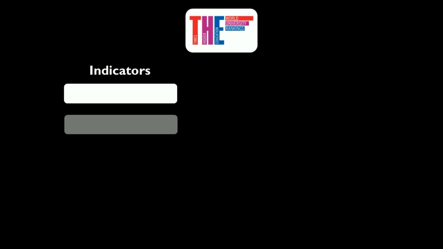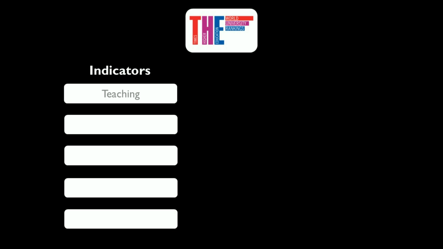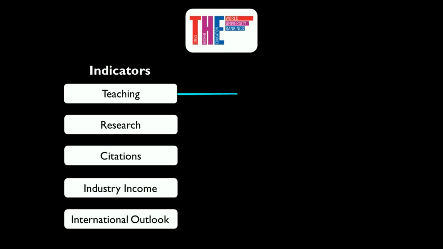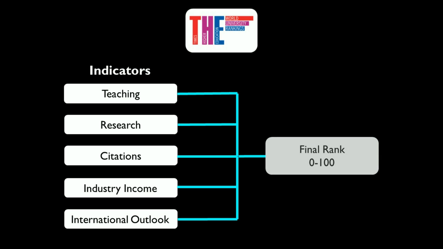One such ranking is the Times Higher Education World University Ranking, which uses 5 separate performance indicators to rank universities: teaching, research, citations, industry income, and international outlook. The indicators are then aggregated into a score from 0 to 100, following a precise methodology. The result is the final ranking published on their website.